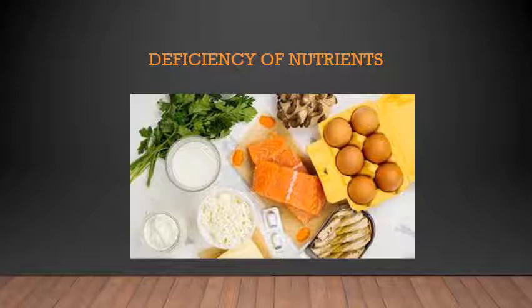Our body requires all types of nutrients, so we have to eat good, proper, balanced food to get all the nutrients our body requires. If you're not eating properly, or if you're eating only junk food or unhealthy food, it will lead to some diseases. Such diseases are non-communicable diseases.